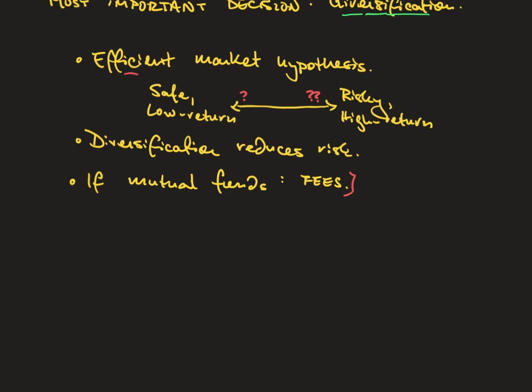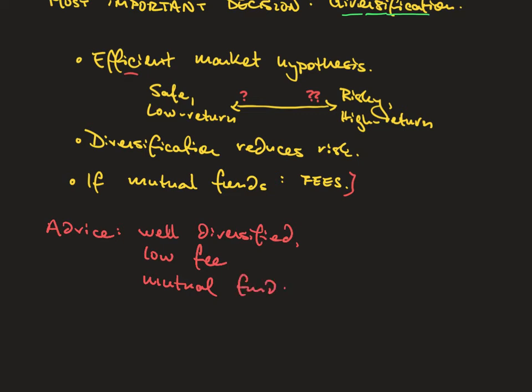And so the advice is well diversified, low fee mutual funds. Okay. And now I've told you the extremely boring secret of personal finance, like how to do the best with your money.